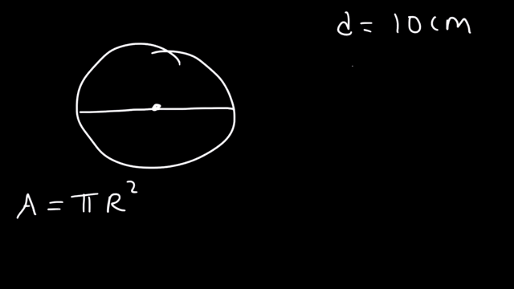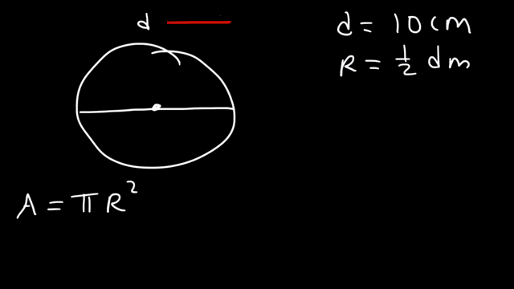Now let's talk about the area of a circle. Let's say you're given the diameter of the circle, and the diameter is 10 centimeters. What is the area of the circle? To find the area, it's equal to pi r squared. The radius, r, is 1/2 of the diameter.